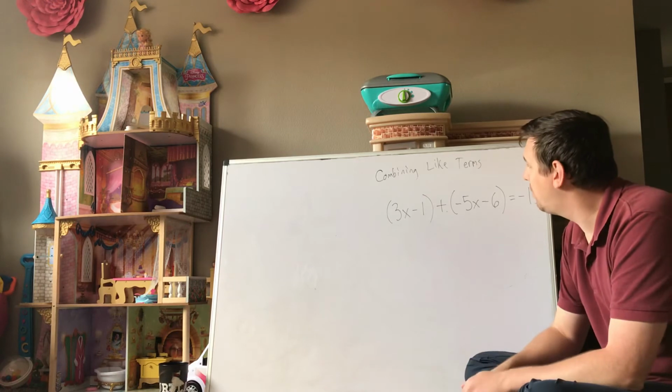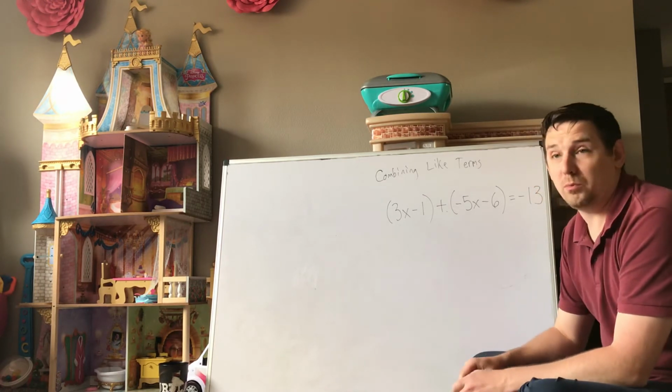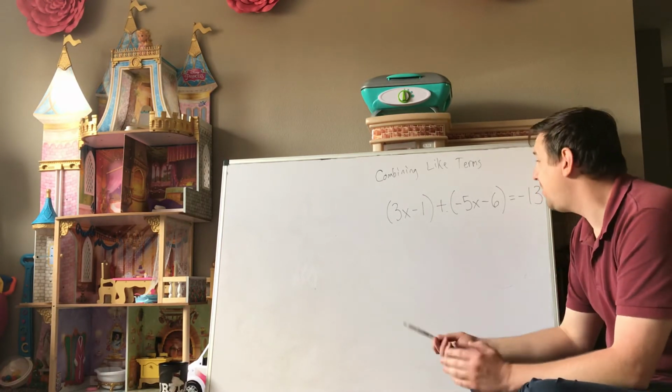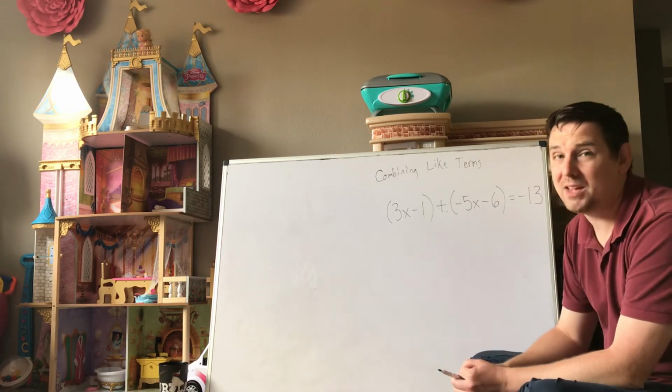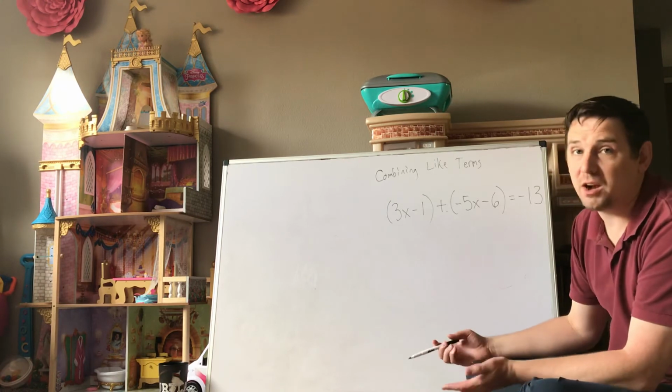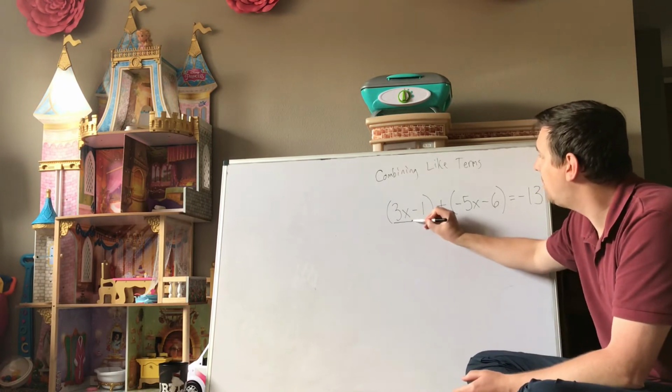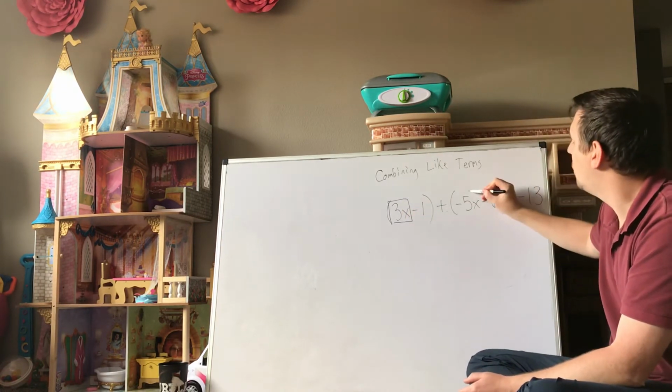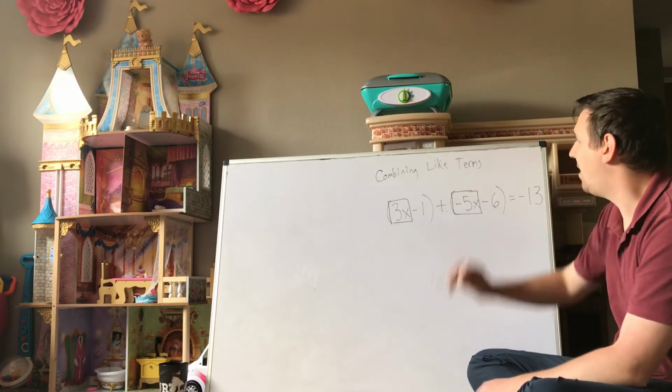So Mackie, why are there parentheses there? Well, they're there to kind of trick you. The parentheses don't mean anything in this problem because there's nothing to distribute by. So really, we're just going to combine like terms. We're going to put these 3 x's with this negative 5x.